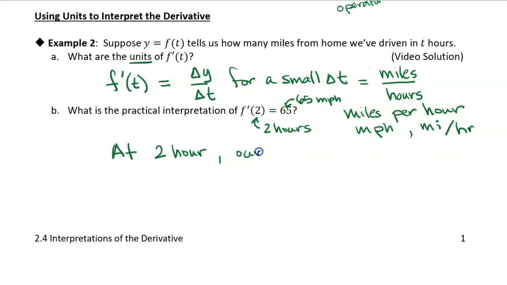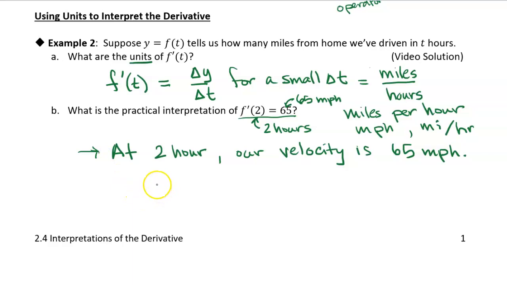Our velocity is 65 miles per hour. That's our interpretation of this statement. This is a mathematical statement, and then we have the statement in plain English here.